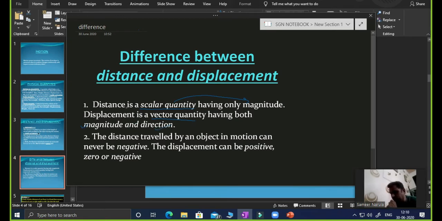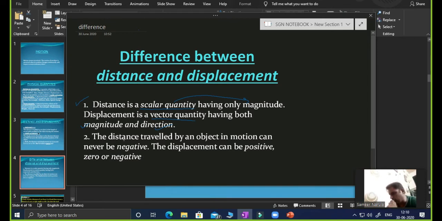Now the second point of difference. Whenever you get this kind of question in your examination, a 2 point difference between distance and displacement, this is the first point that you have.